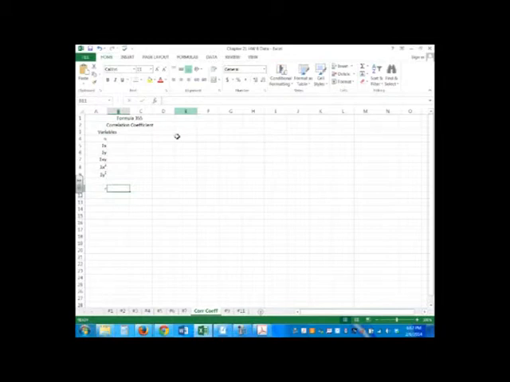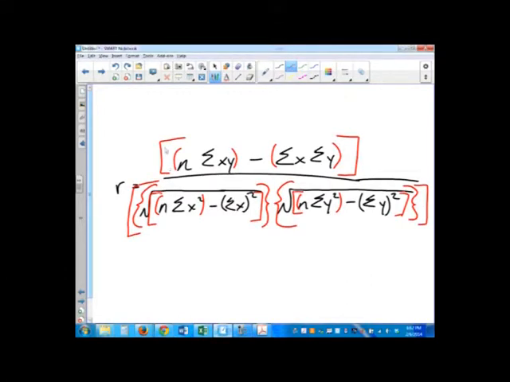Okay, and let's go back here and take a look at our formula. So when we looked at this, we started with two parentheses, and that ended, a minus, a start, that formula, we end, and then we divide. So let's do that part first. Okay, so I'm going to hit equals, two parentheses, n times the summation of xy.